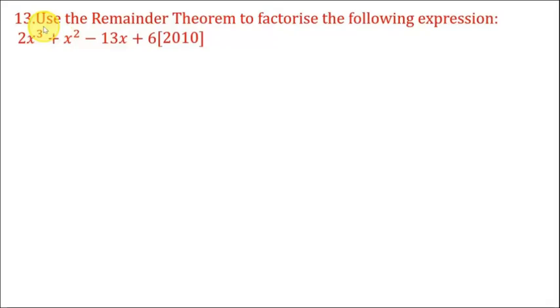Now next problem. Use the remainder theorem to factorize the following expression: 2x cubed plus x square minus 13x plus 6. Again the factors of 6 are plus or minus 1, plus or minus 2, plus or minus 3, and plus or minus 6. Now we'll check whether f of 1 is 0.